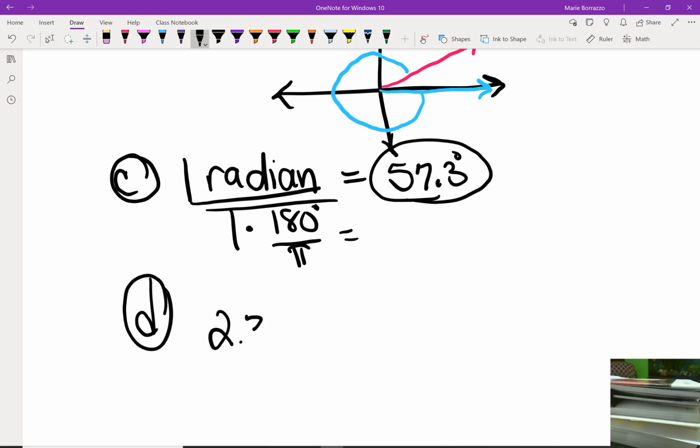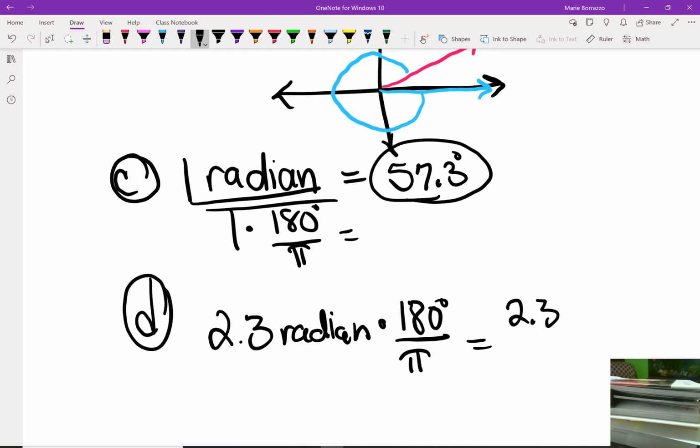If I have 2.3 radian, I'm going to do the same thing and multiply by 180 degrees over pi. This ends up being 2.3 times 180 degrees divided by pi, and the equivalent angle value is 131.8 degrees.